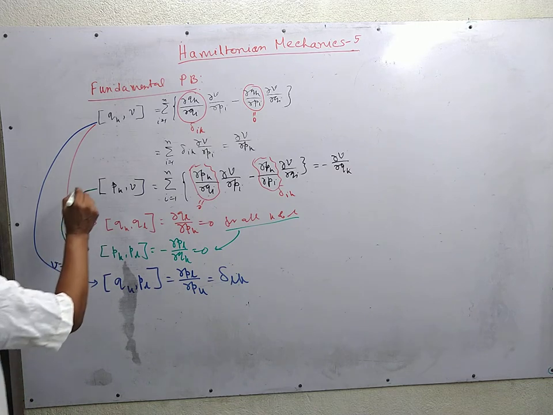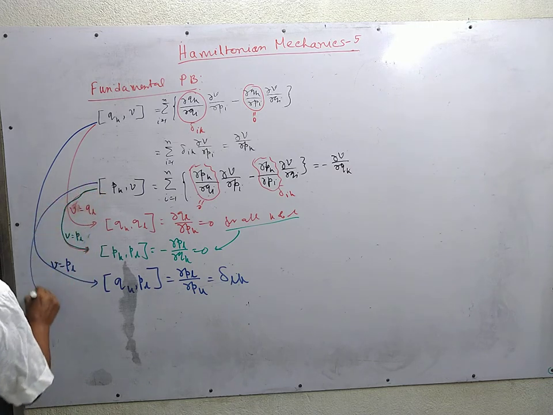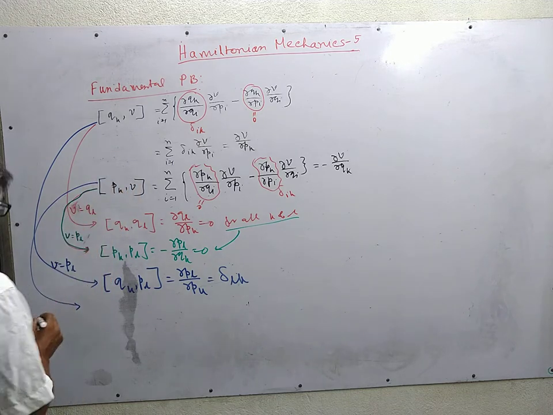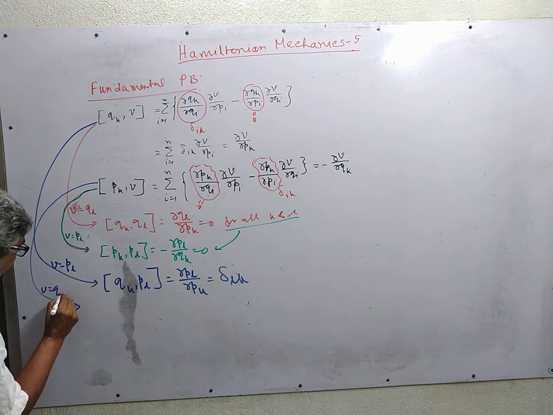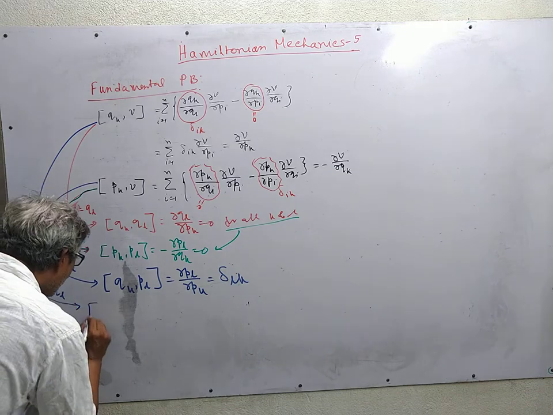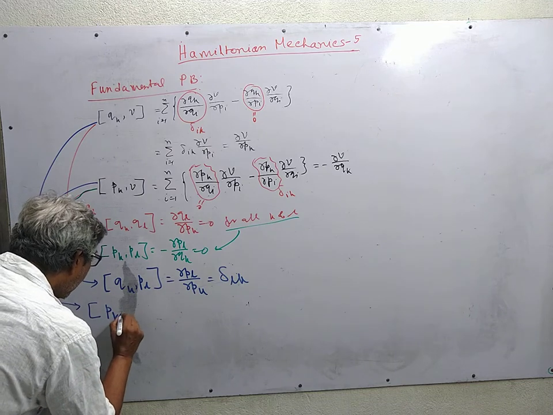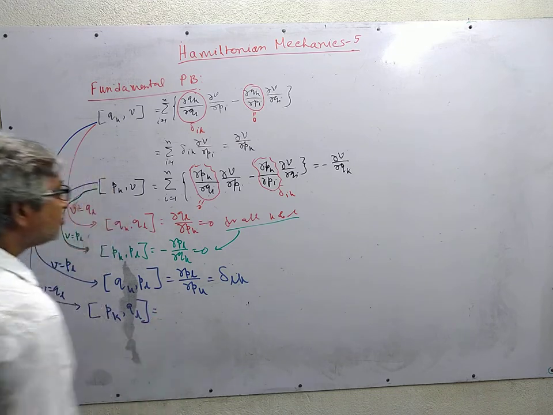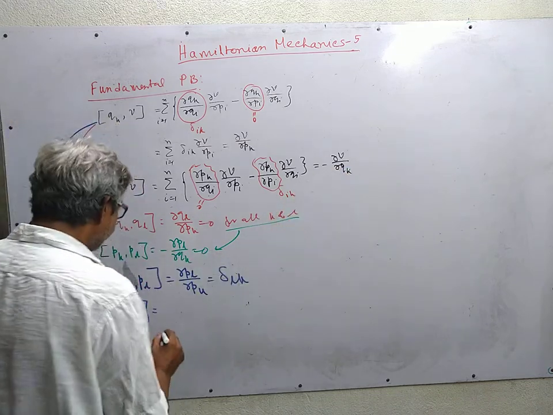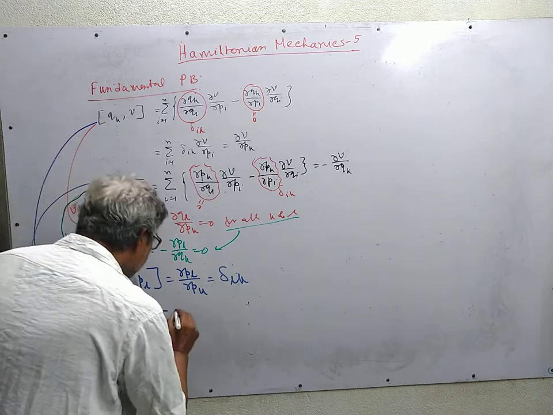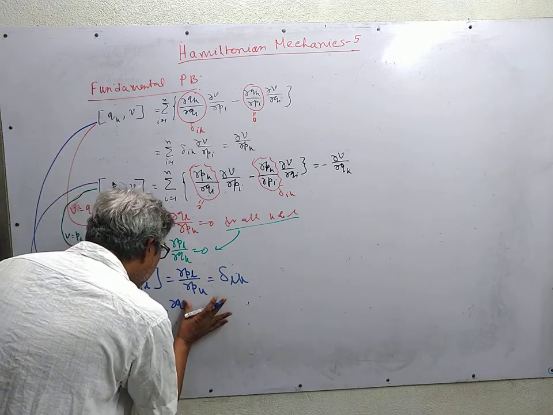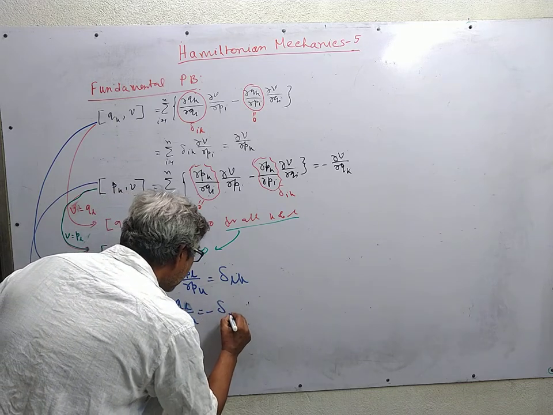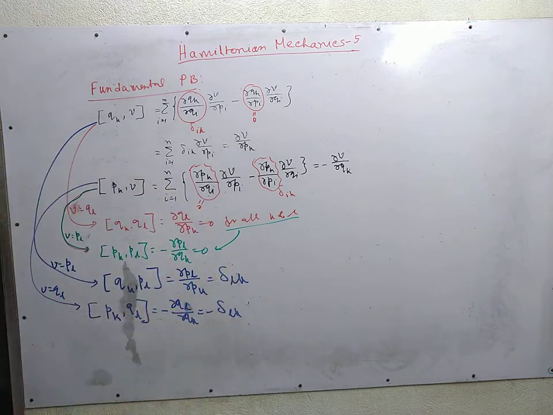Similarly, if we consider this expression with v equal to ql, we have [pk, ql] equal to minus ∂ql/∂qk, equal to minus delta of lk. These are the same relation.